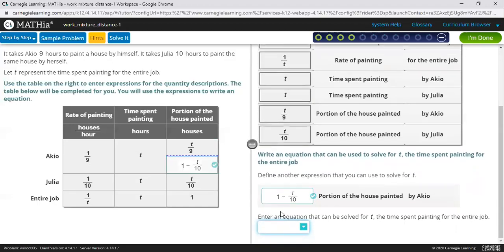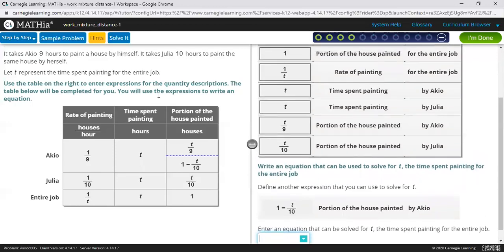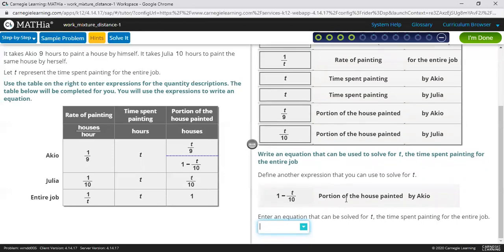And so I want to take that expression and use it to write an equation so that I can solve for the time spent painting for the entire job. Remember, in the beginning I told you that typically the question is, how long is it going to take them to paint the house together? That's what we're going to figure out right now from creating this equation.